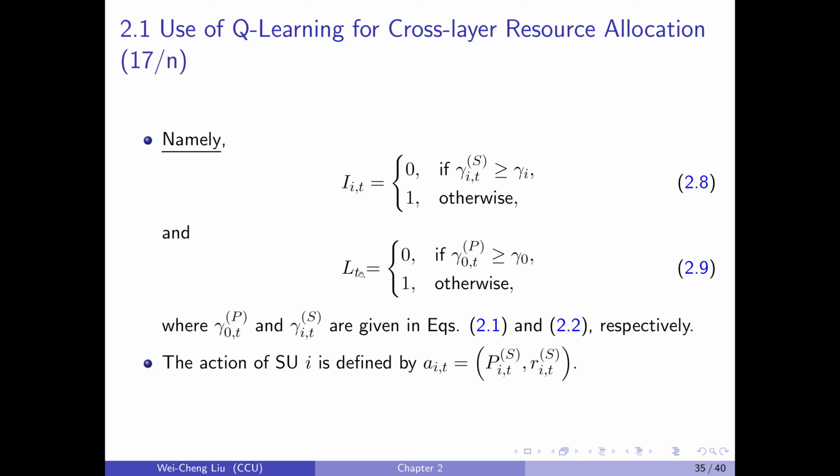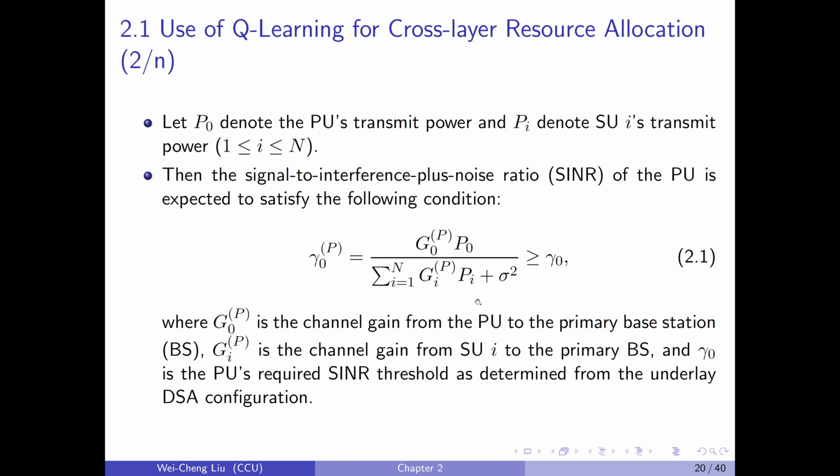And L^t is equal to 0 if gamma_0^tp satisfies its condition. Gamma_0^tp is given in equation 2.1.